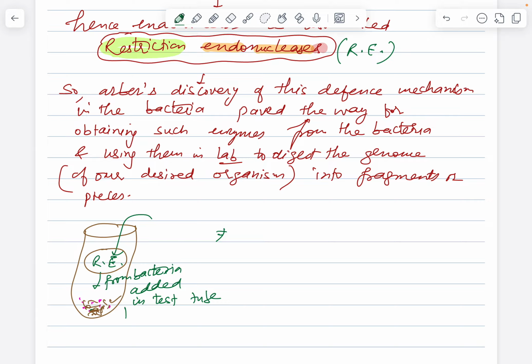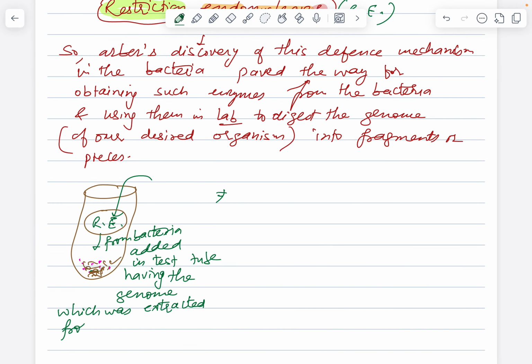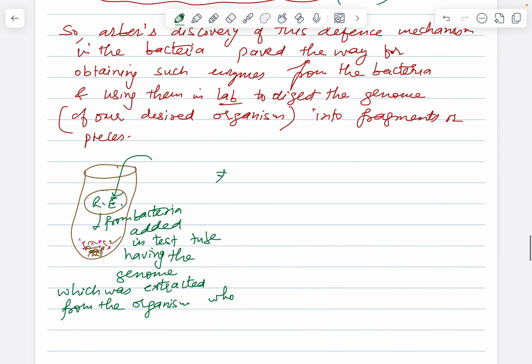So restriction endonuclease from the bacteria is added in the test tube, having the genome that we extracted from the organism who is the natural source of our desired protein product.